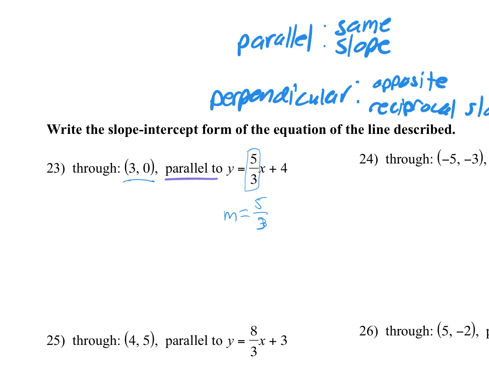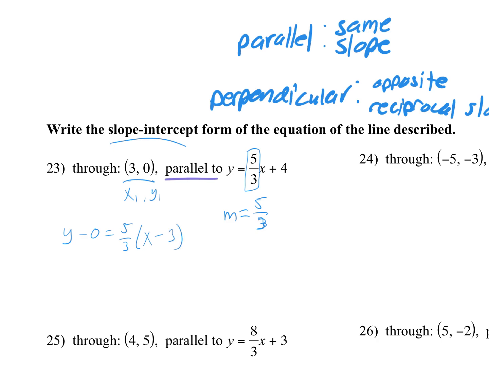I'm going to plug this into point slope and then convert it into slope-intercept because we're given a point and we're given a slope. So I'm going to say that this is x1, y1. And then if you want to put it into point slope form, we get y minus y1, which is y minus 0, equals 5/3, and then we get x minus x1, which is x minus 3.